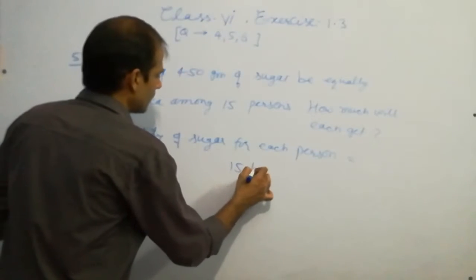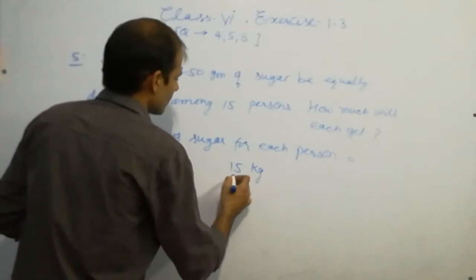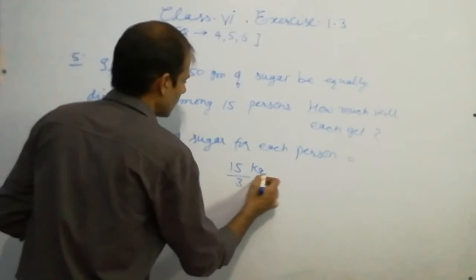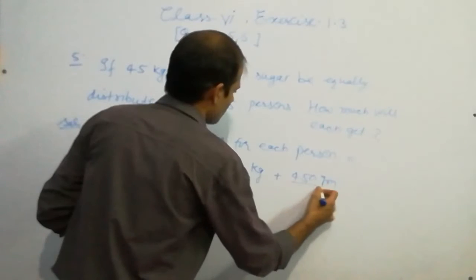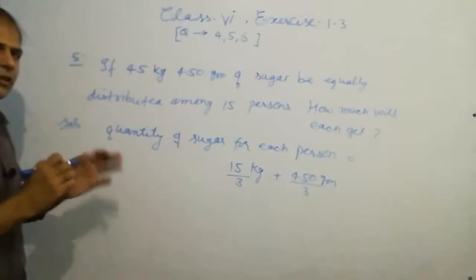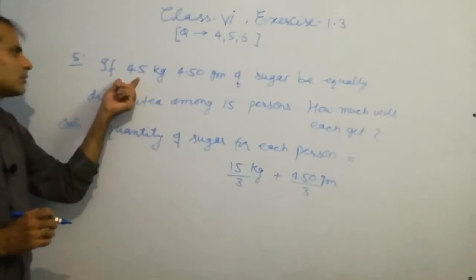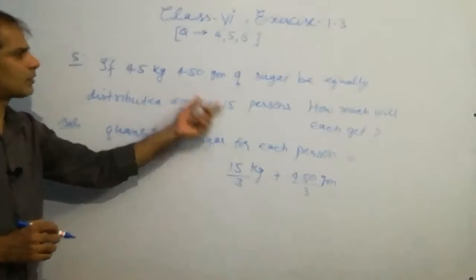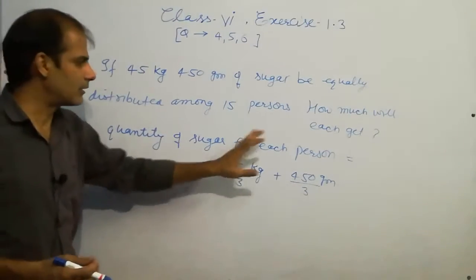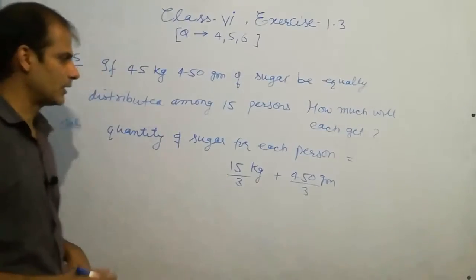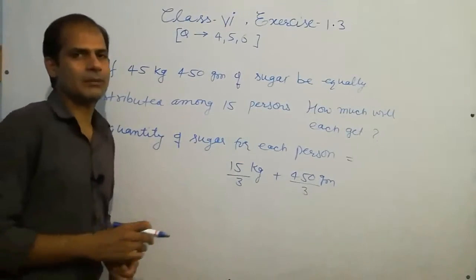So how will you divide? You have to write 45 kg upon 15 and plus 450 gram upon 15, because we know that this number is divisible by 15, this is also divisible by 15. So kilograms can be divided and grams also separately. We can divide both separately, because this depends on practice.